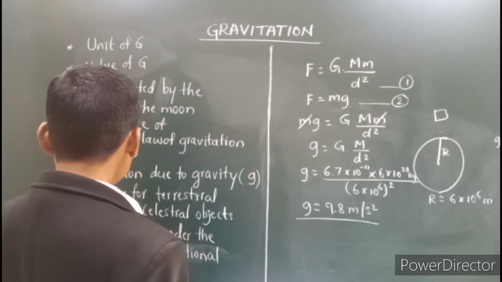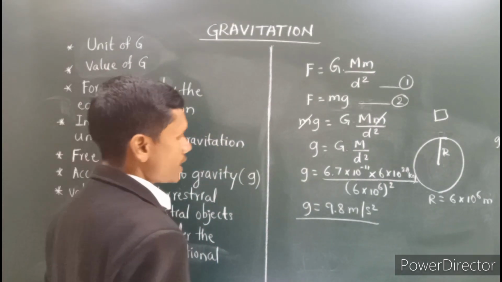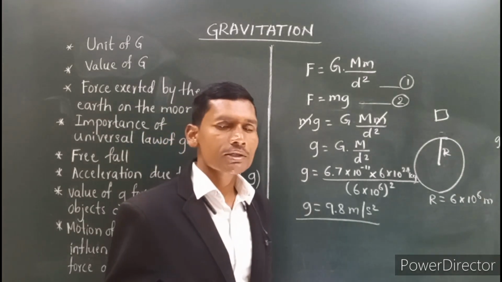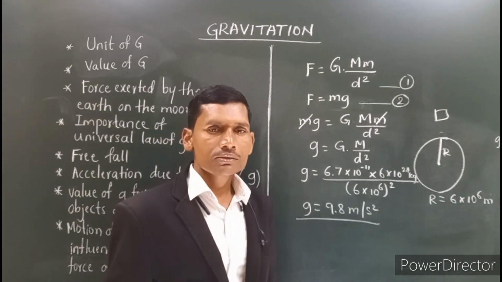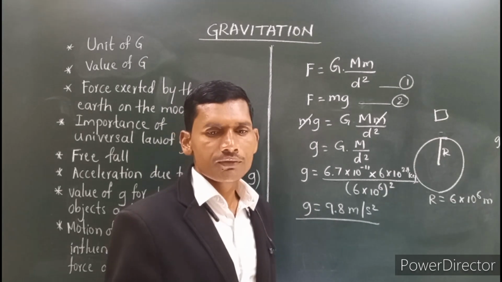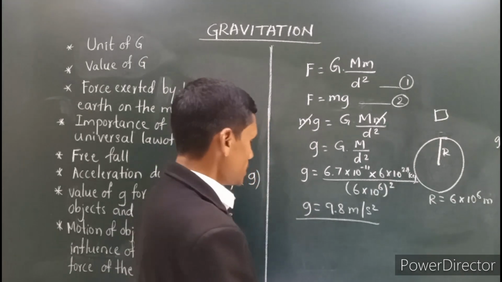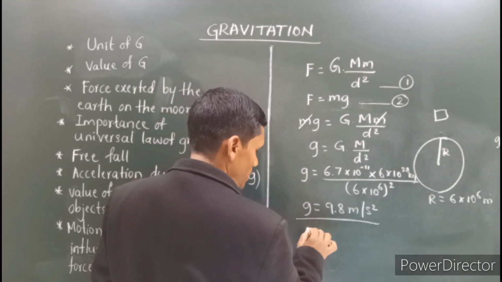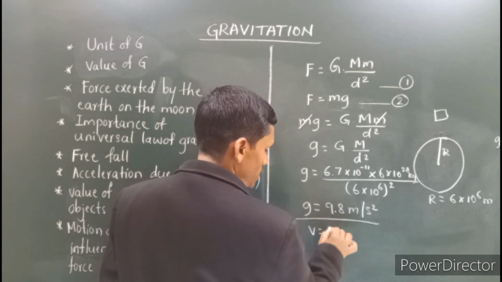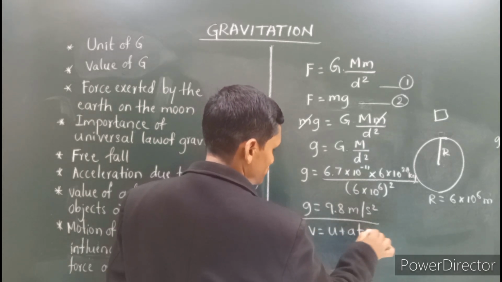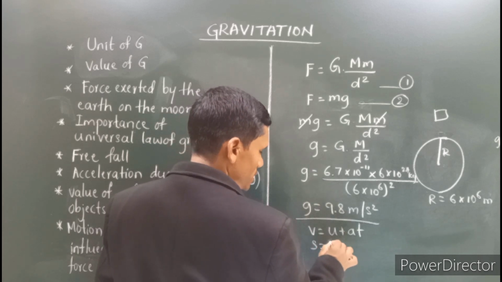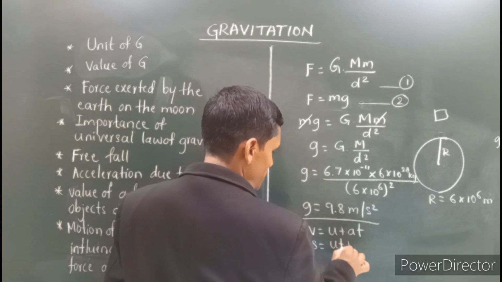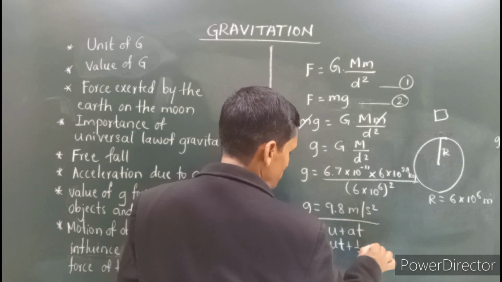Now coming to the motion of objects under the influence of gravitational force of attraction. As we have already studied, the different equations of motion are v is equal to u plus at, and the next equation s is equal to ut plus half at square.